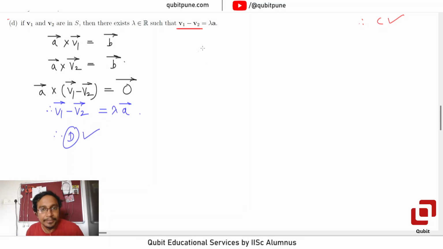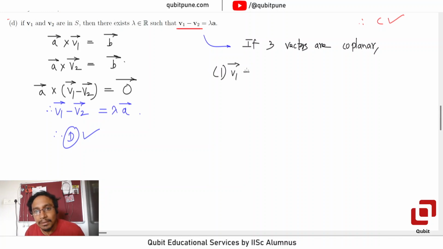She's saying if three vectors are coplanar, we can always write a linear combination equal to 0. So it is 1 V1 bar plus negative 1 V2 bar plus negative lambda A bar is equal to 0.